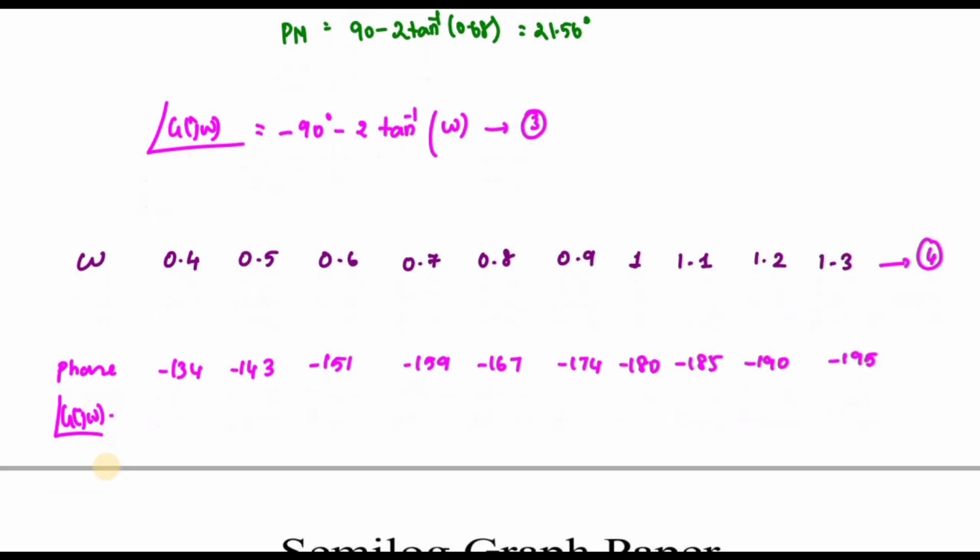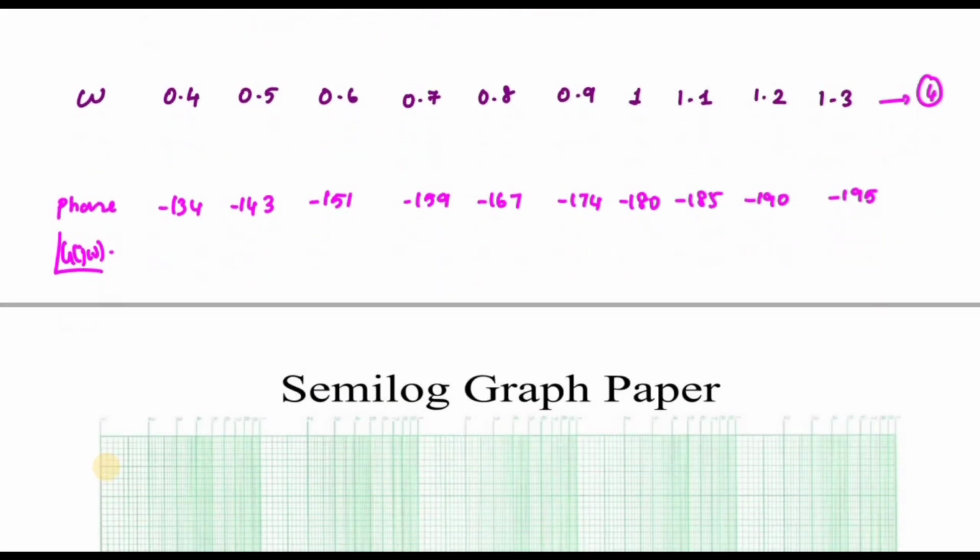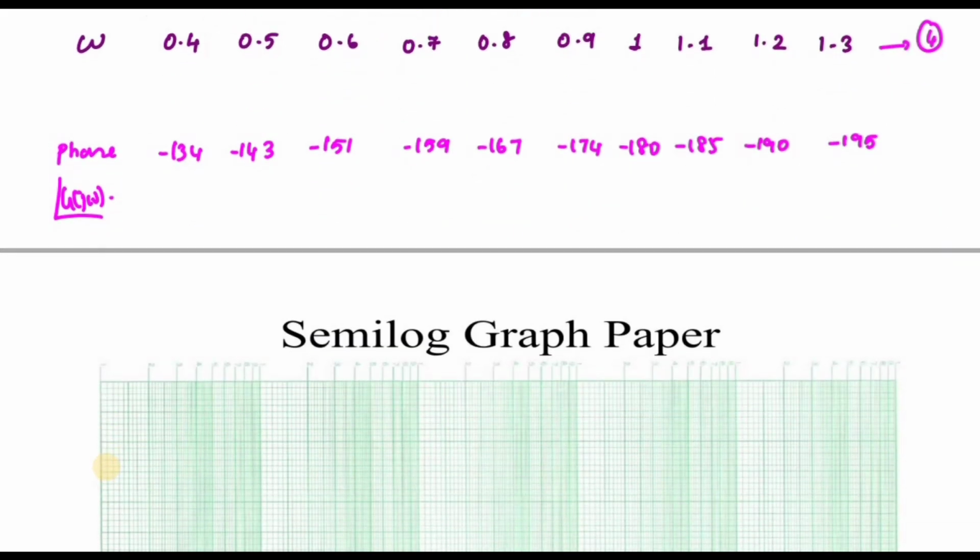Now let me plot it with the help of this Bode plot. So you have to fix this one as 0.1, this as 1, this one as 10, this one as 100, and so on.